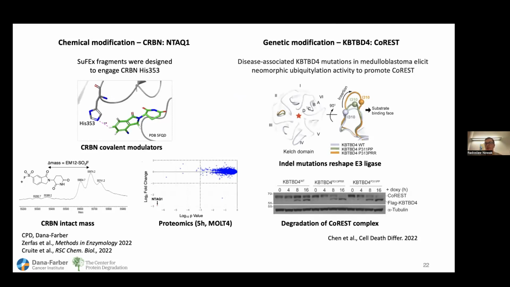And it's the mutations on the ligase KBTBD4 that also happen to induce a neomorphic function of the ligase, degrading the CoREST complex. So we are able to now effectively do these through covalent modulation, through reversible modulation, but also genetically. So I think it nicely completes the picture.